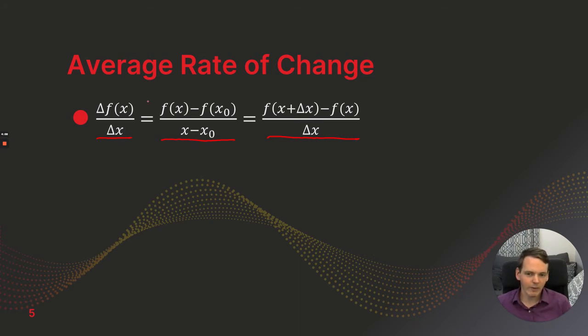So why do we have these 3 versions, and what's the point of all of those? Well, they're all looking at the change in the function on top over the change in x on the bottom.